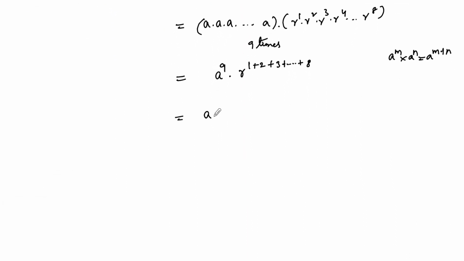Which is equal to a to the power 9 into r to the power of the sum of the first n natural numbers. We know that 1 plus 2 plus 3 and so on up to n is equal to n into n plus 1 by 2.